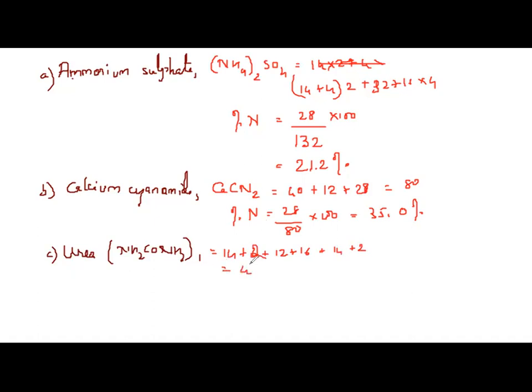So this comes out to 60. Okay. So percentage of nitrogen, again 2 nitrogens, 28 by 60 into 100. The percentage comes out to 46.66%.